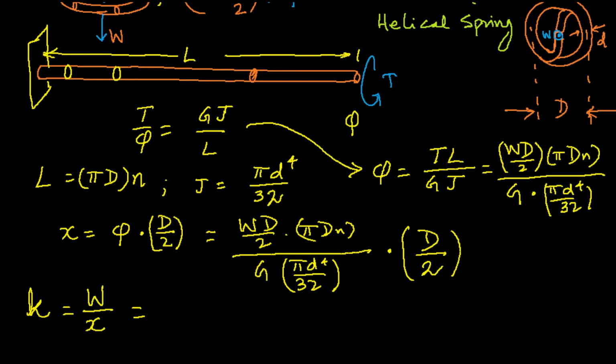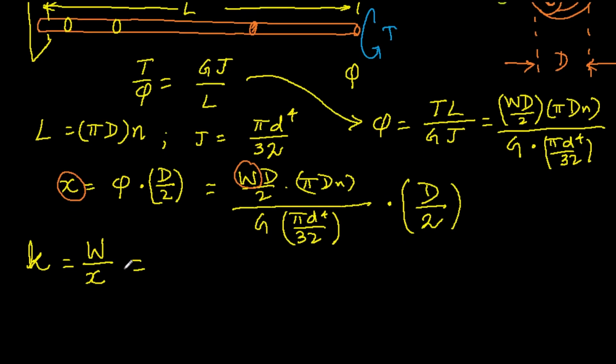So this is the weight, and this is the x. The ratio between these two is what we call the linear stiffness of a spring, and that would come out to be equal to, if you simplify this, G d to the power 4 divided by 8 D cubed n.